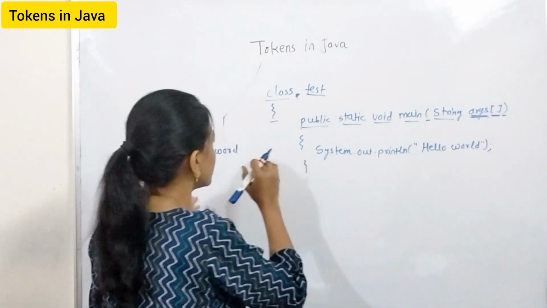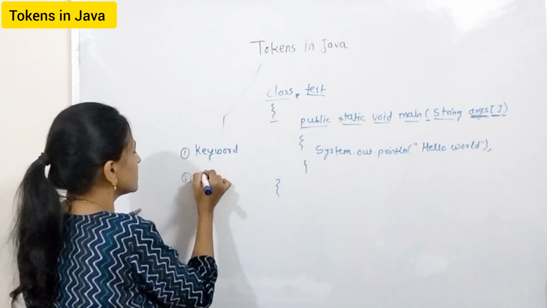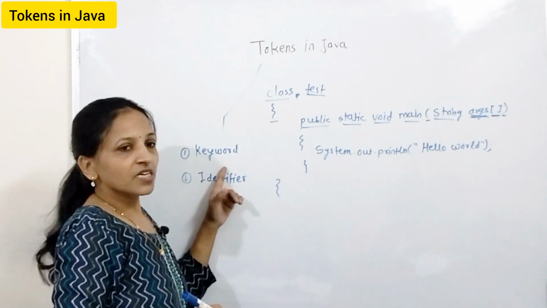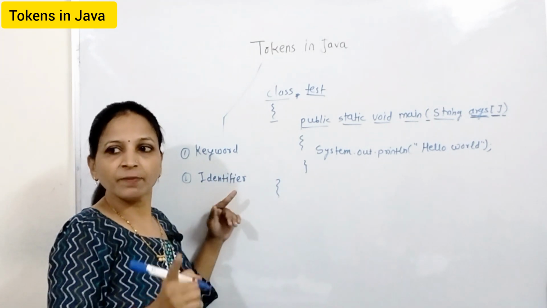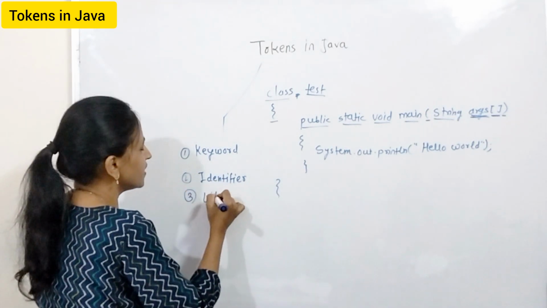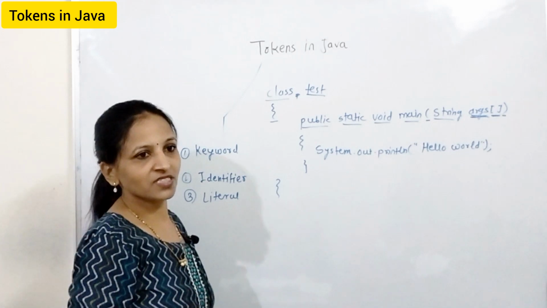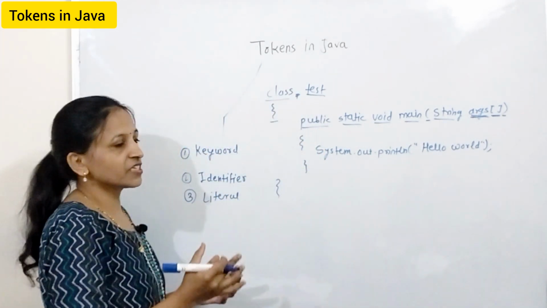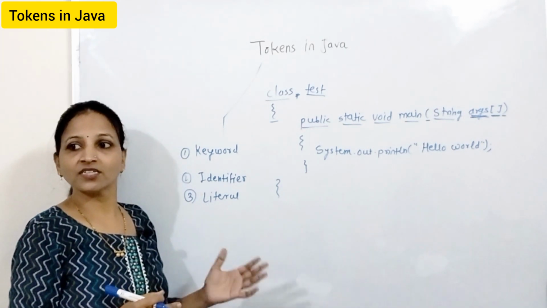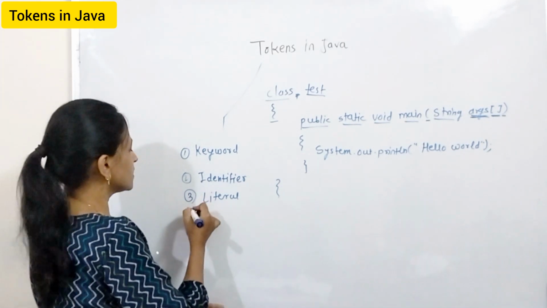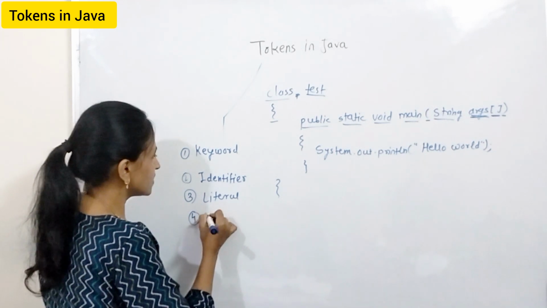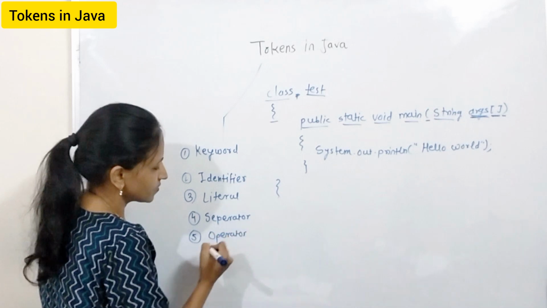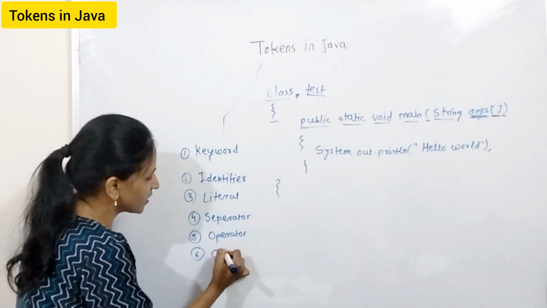Now see, the keyword, then second one is identifier. Everything I am going to explain. First, the token may be keyword, it may be identifier. Third one is literal and constant. Both can be used interchangeably, but normally whatever fixed values in a program, those should be considered as literals. Next, fourth one is separator, then fifth one is operators, sixth one comment.